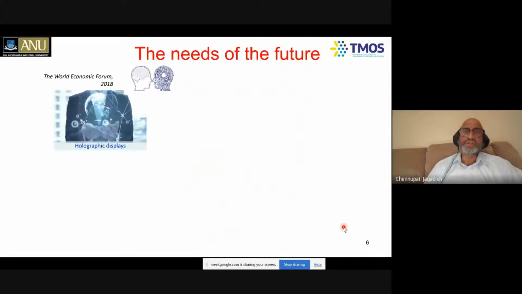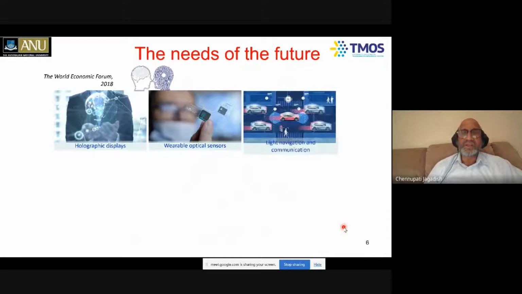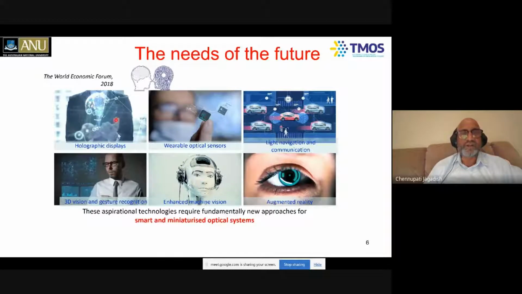In 2018, the World Economic Forum identified many needs of the future of society, including holographic displays, wearable optical sensors, LiDAR and light navigation and communication, 3D vision and gesture recognition, and enhanced machine vision and augmented reality.